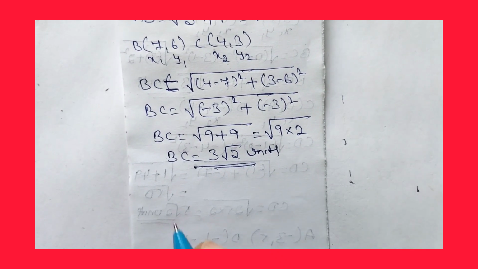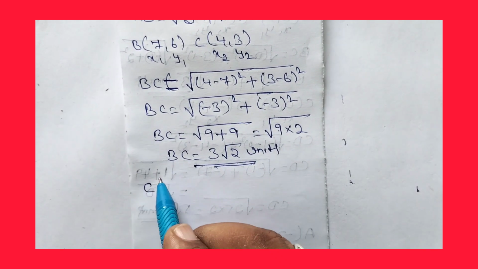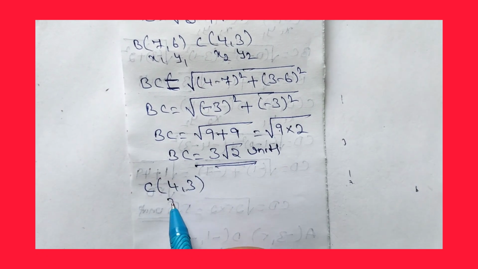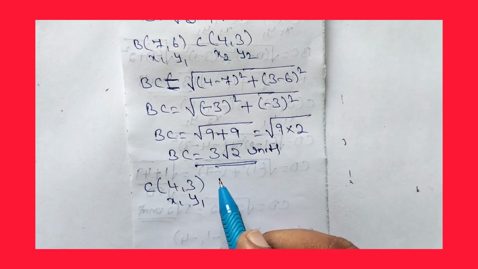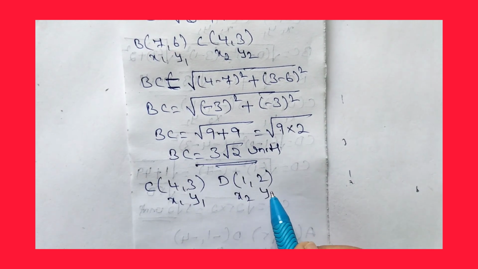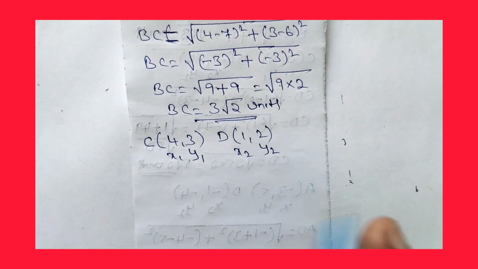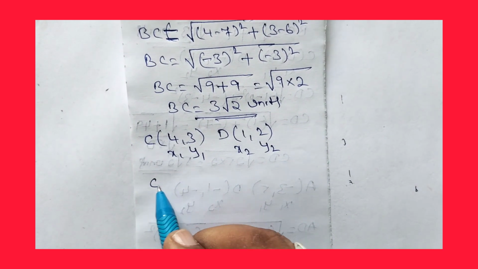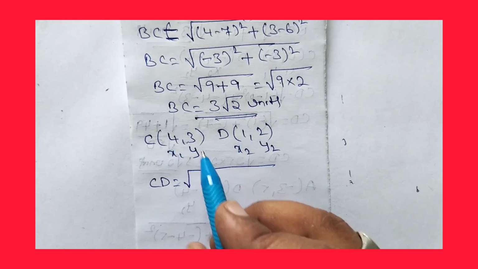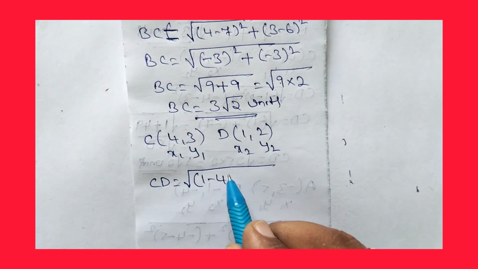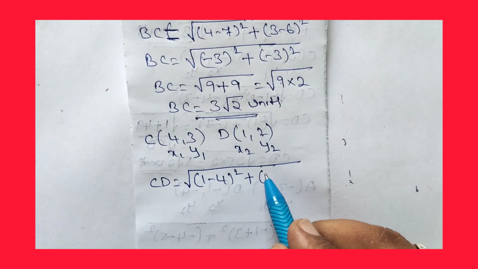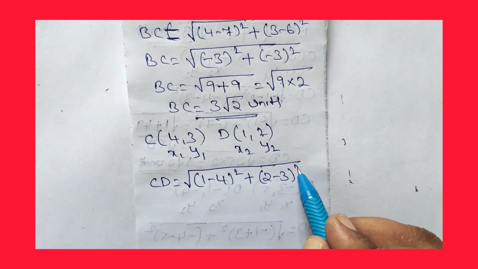So we got BC. Now let us find out CD. So coordinates of C are (4, 3), that is x1, y1, and D is (1, 2), that is x2, y2. So now let us find the distance between C and D. So CD is equal to square root of (x2 minus x1), (1 minus 4) whole square, plus (y2 minus y1), (2 minus 3) whole square.